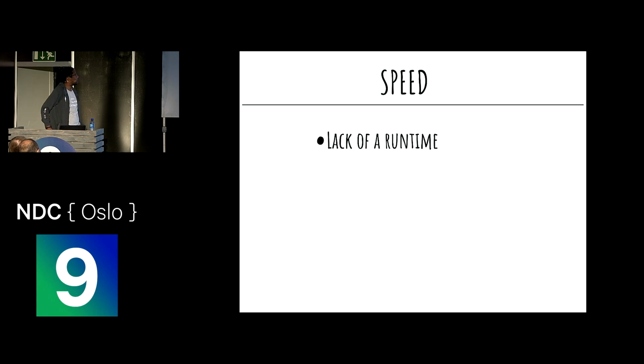One of the big reasons for Rust being fast is that it doesn't have a runtime. There's no global penalty like when you have a garbage collector, because the way Rust manages memory is all done at compile time. So there is no runtime when your code is running, and this makes it fast. Another thing that comes from this is that Rust can run sort of anywhere C can run.